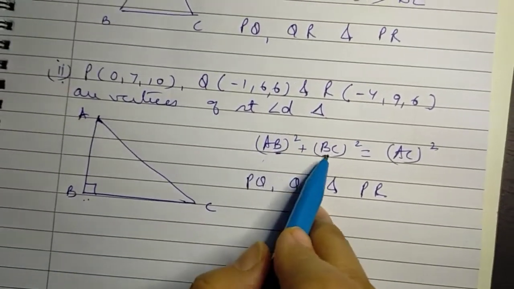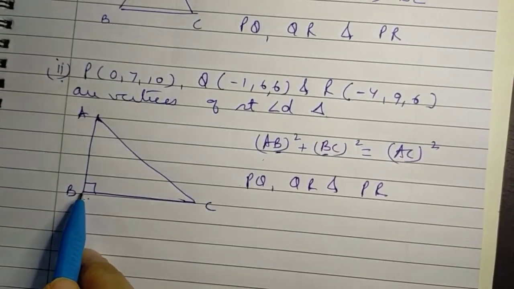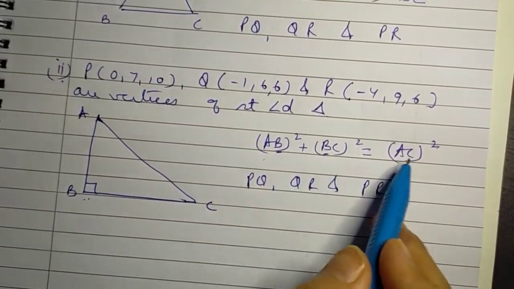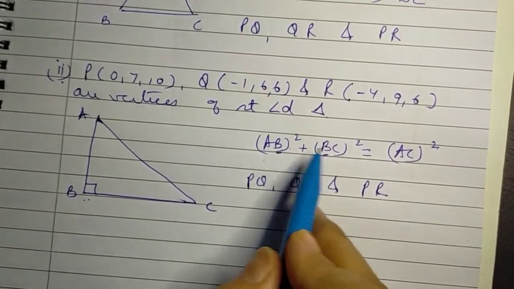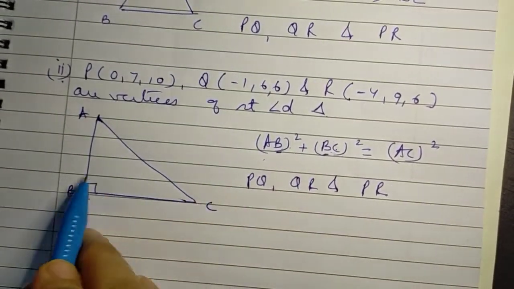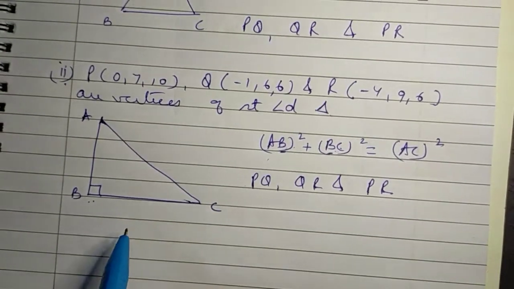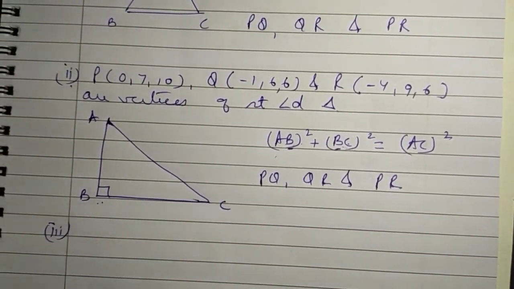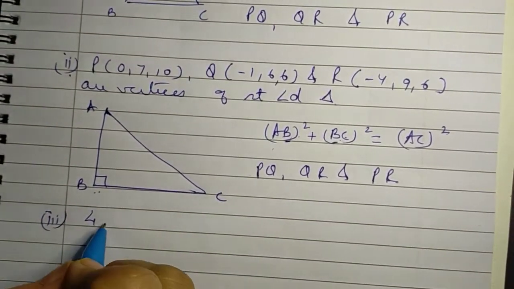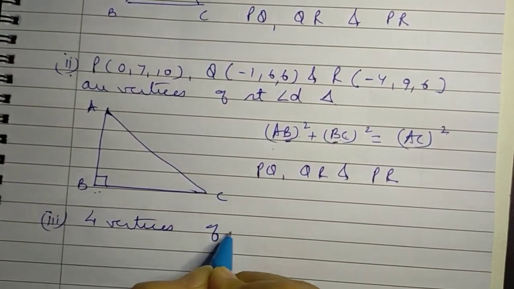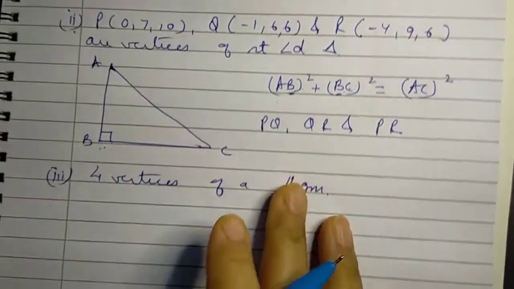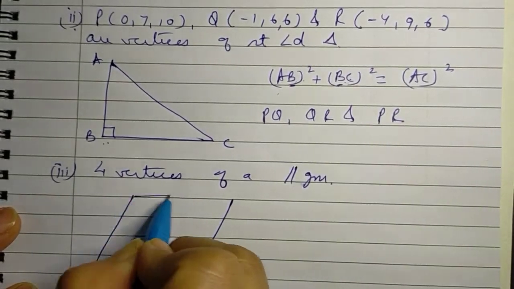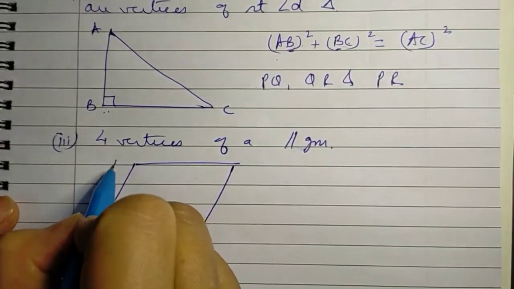So if the sum of squares of any two sides is equal to the square of the third one, then the common vertex of those two sides is the point where the triangle is right angled. Now same way for the third one, we have to show there are 4 vertices of a parallelogram. So 4 vertices are given and we are required to show them to be vertices of a parallelogram.